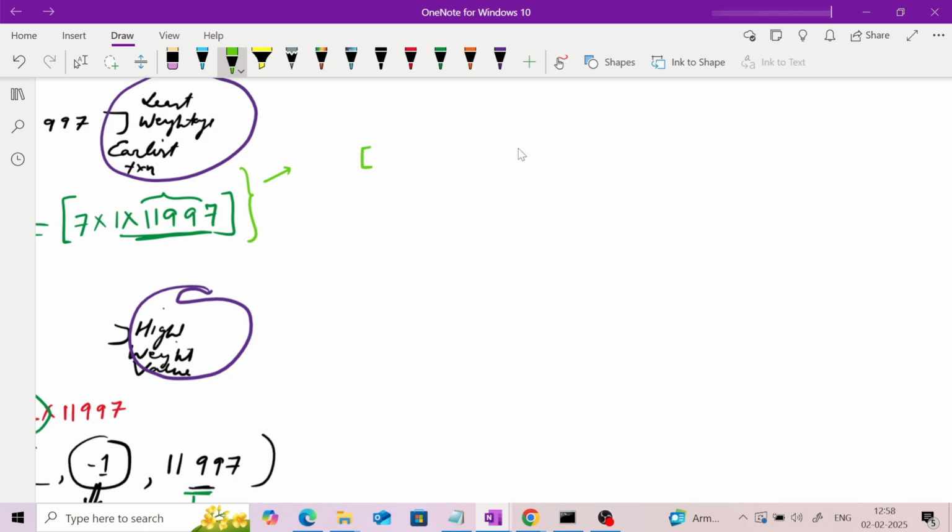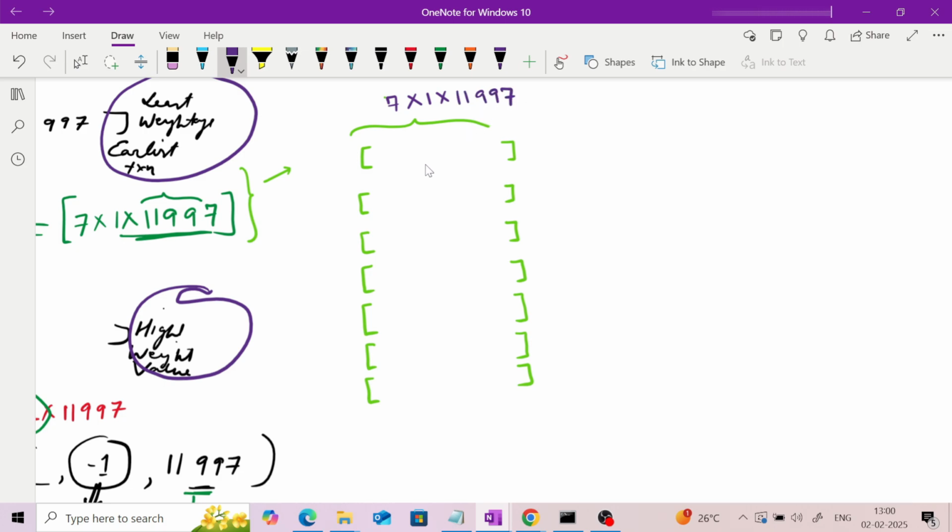Corresponding to these 7 groups, we'll have 7 vectors, 1, 2, 3. So we'll be getting 7 vectors, the overall dimension of which is 7 by 1 by 11,997.